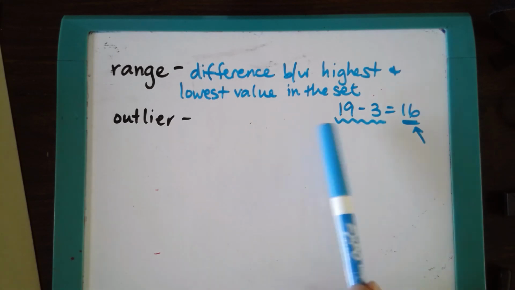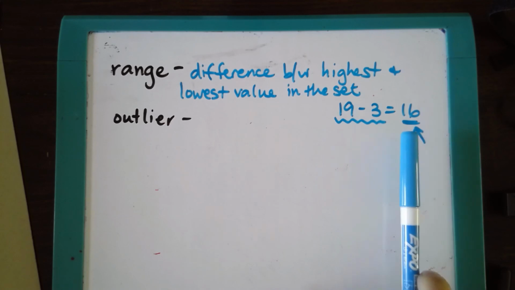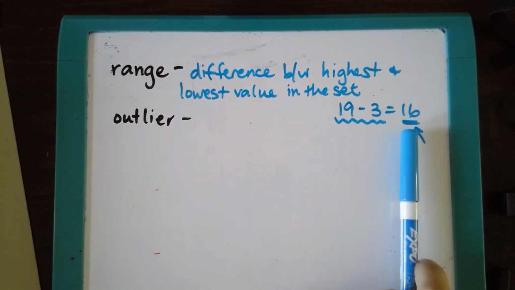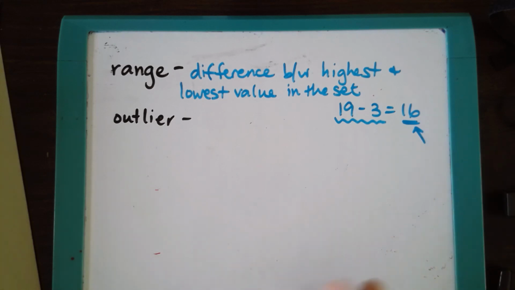I think you can get a lot more information from 19 minus 3, or seeing that this is the highest and this is the lowest, instead of just looking at the difference between those numbers. But we can see that 3 to 19 is a pretty big range of numbers, right? So sometimes we just want to know the difference between those, and that can speak to outliers.